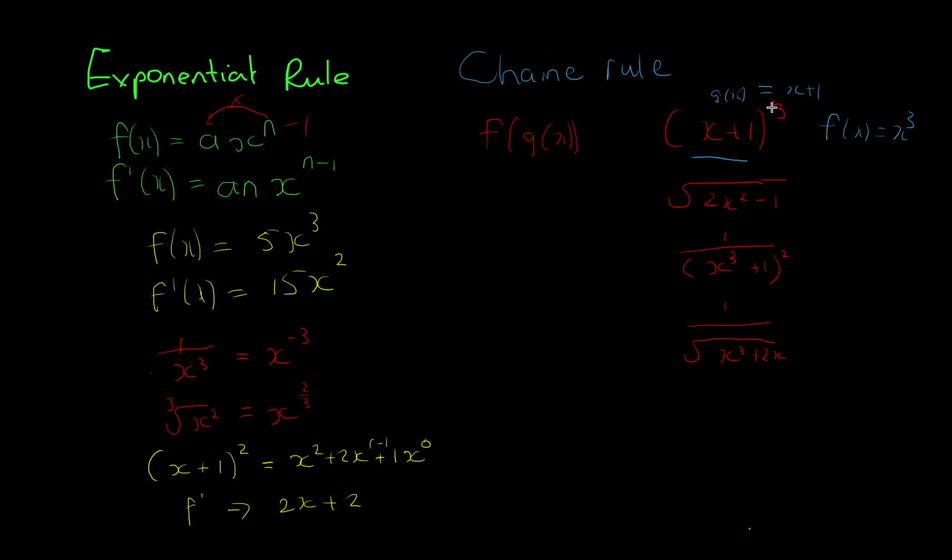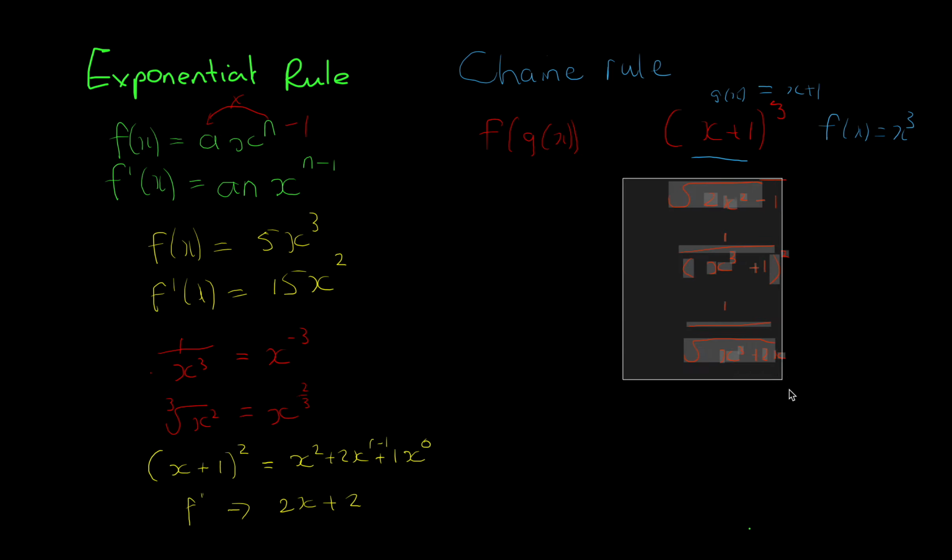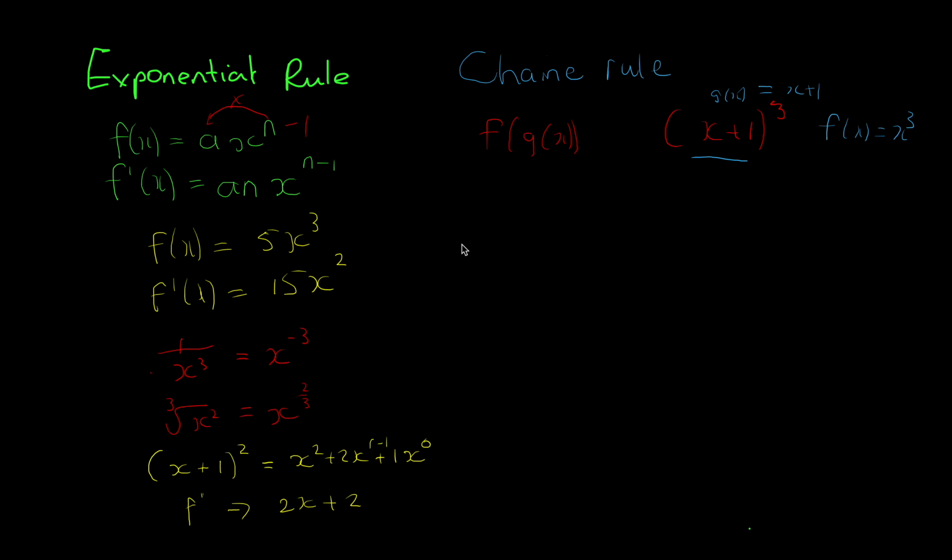So we've got an inner function g(x) and an outer function f(x). What we want to do now is get the derivative of this function. The derivative would be the derivative of the outer function multiplied by the derivative of the inner function.